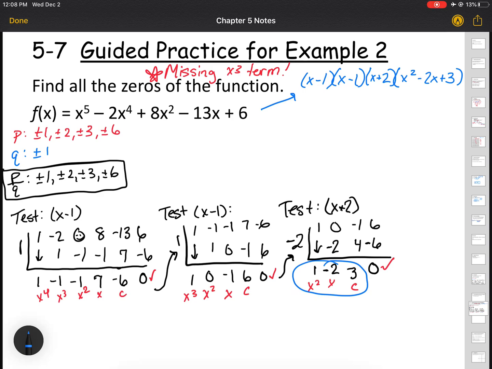But again, I'm going to use the quadratic formula because that'll help me out too. So using the quadratic formula out of here, my a is 1, my b is negative 2, and my c is 3. So when I plug these in, I got 2 plus or minus the square root of negative 2 squared minus 4 times 1 times 3, which was c. That is a 3.